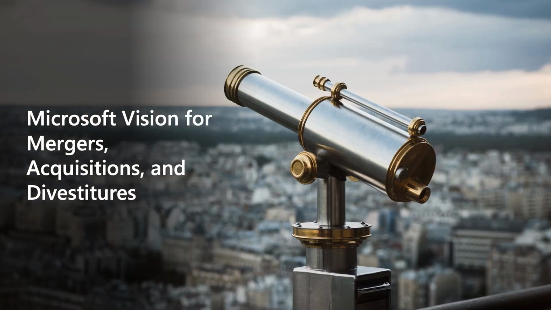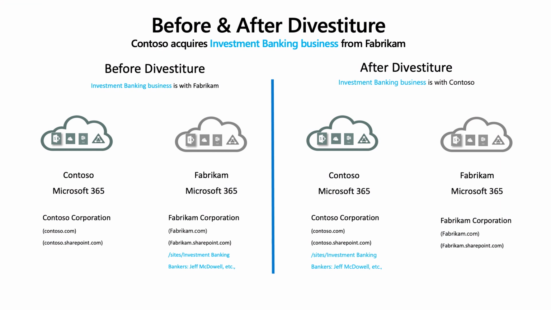Now, before I share our specific vision for these scenarios, let's take a classic divestiture scenario. In this picture, Fabricam wants to divest their investment banking business group to Contoso. As the picture on the left shows, investment bankers like Jeff McDowell and the resources like SharePoint sites of the investment banking group are currently with Fabricam.